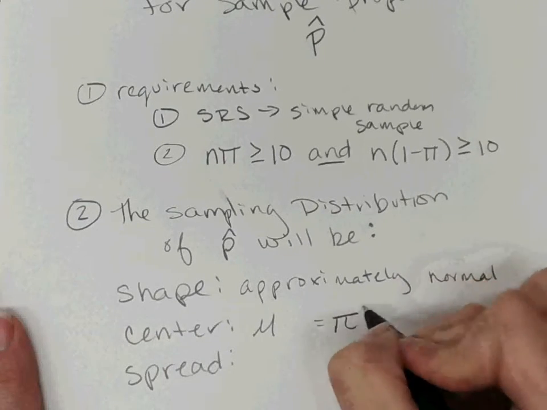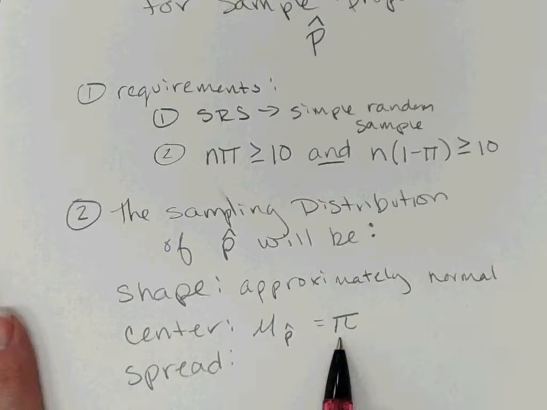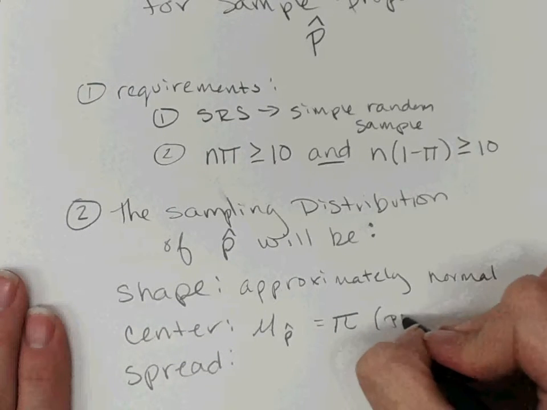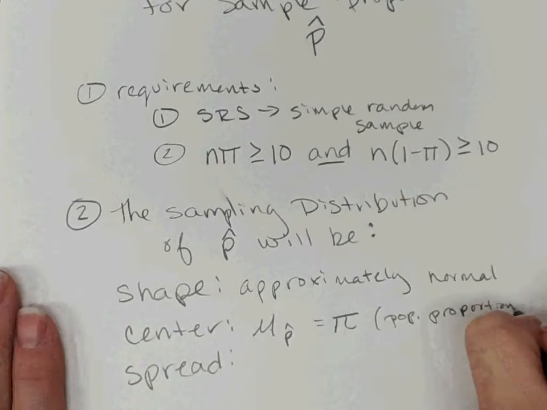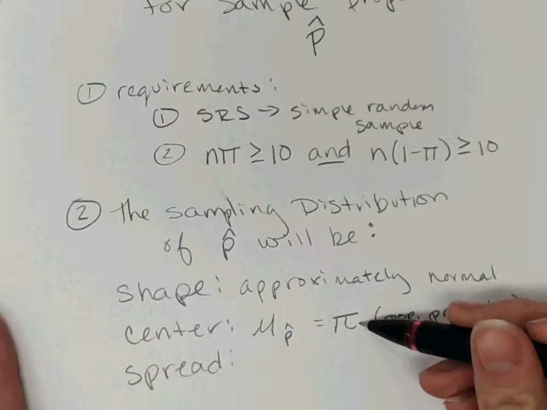That is pi. So the mean of all of my p-hats is equal to pi. Now remember, this is not pi as in 3.14. This is your population proportion. So when we look back at those graphs, we set our population proportion to 0.45. And remember, that's where our graphs were centered around.